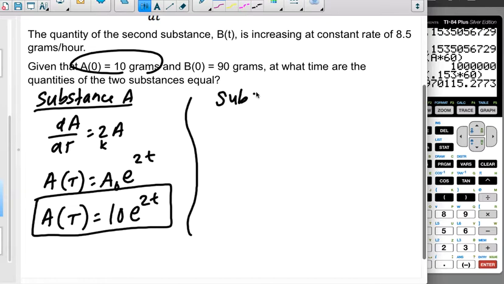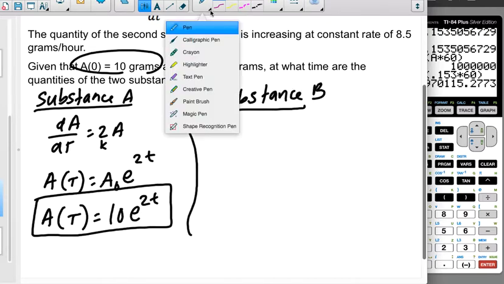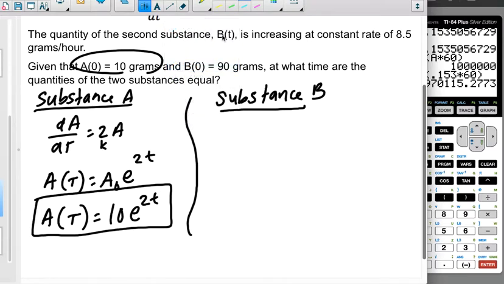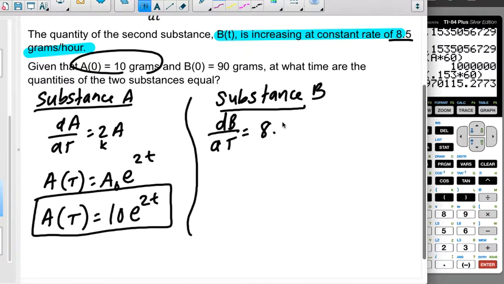Let's look at substance B. In substance B, I was not handed a differential equation, right? But what I was handed was a statement that B of t is increasing at a constant rate of 8.5. Well, I can translate that into what it means mathematically. B of t increasing at a rate of means dB/dt equals, and we were told it's a constant rate of 8.5. I can solve this. dB equals 8.5 dt.